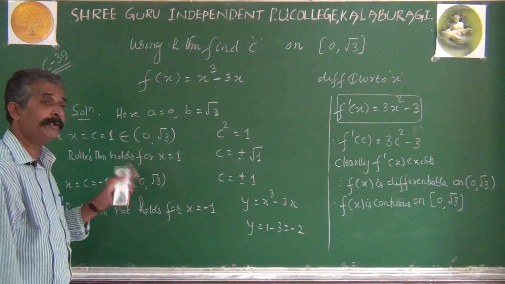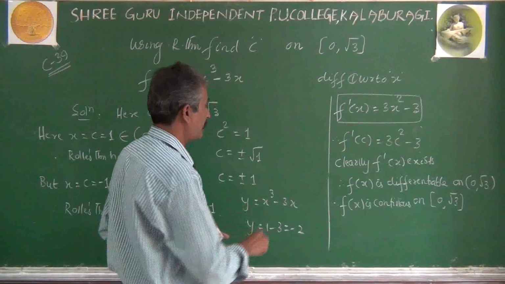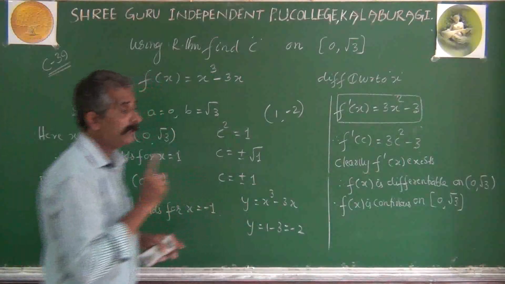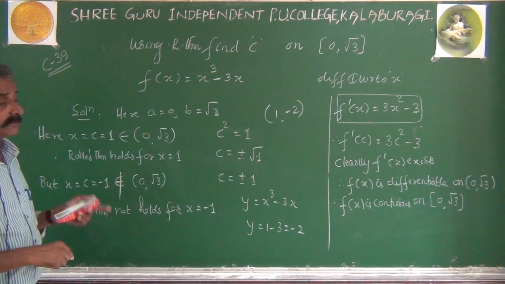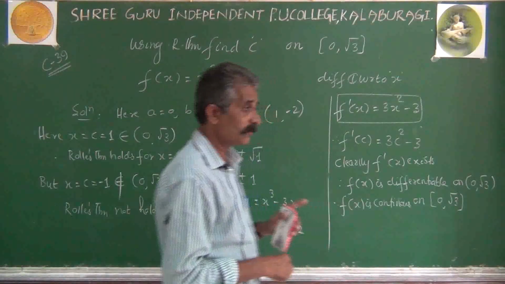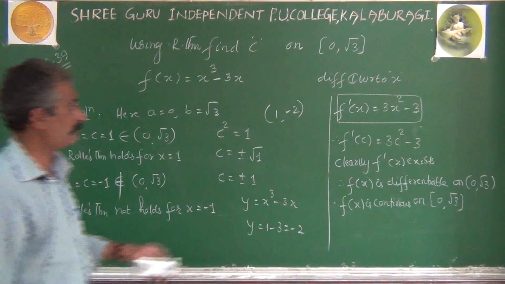So the specific point is 1 comma minus 2. Only at this point the tangent is parallel to the x-axis. The remaining points have tangents, but they are not parallel to the x-axis. That's the meaning of this problem.